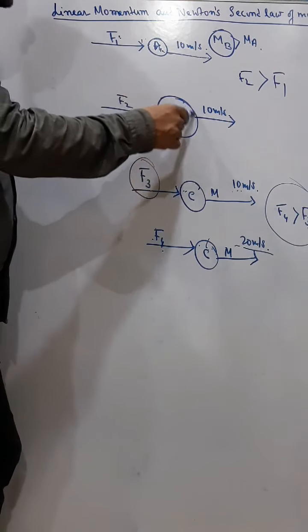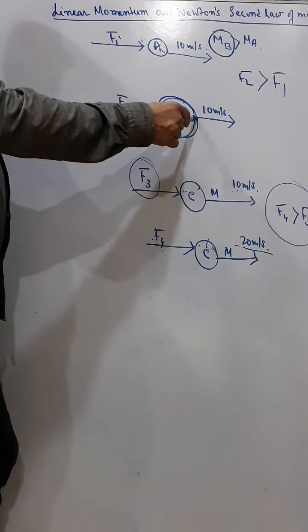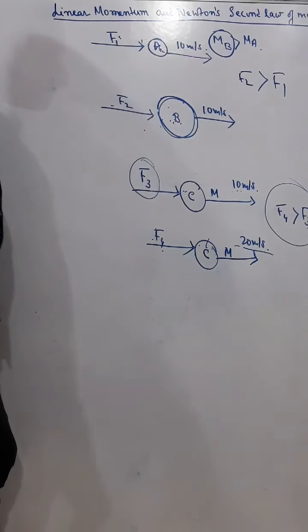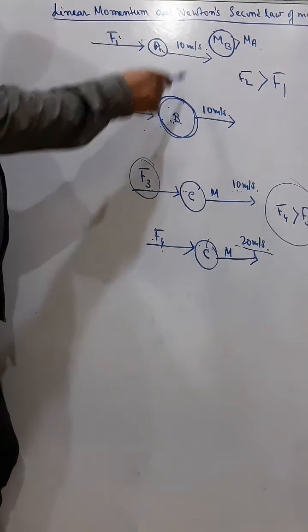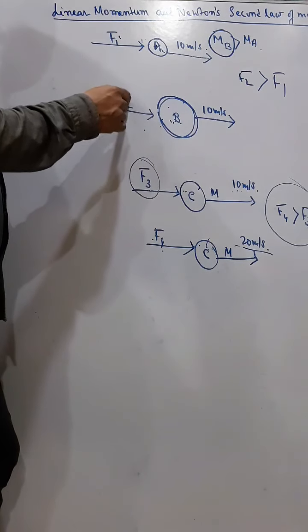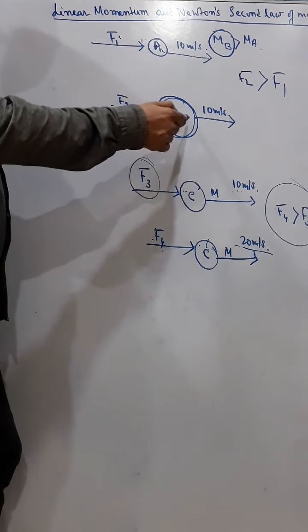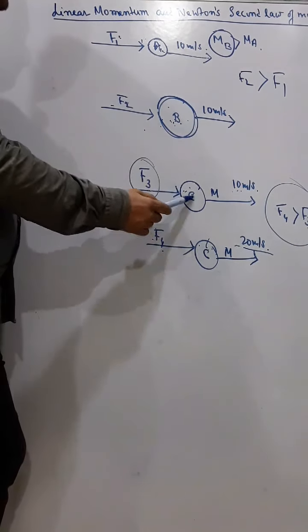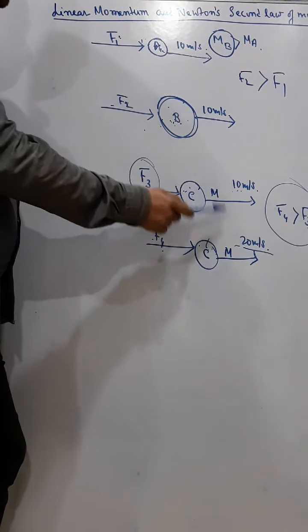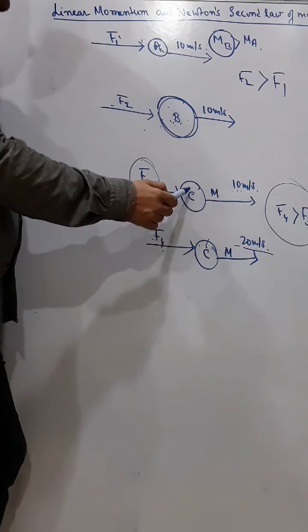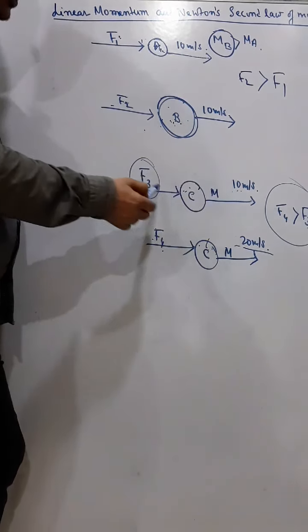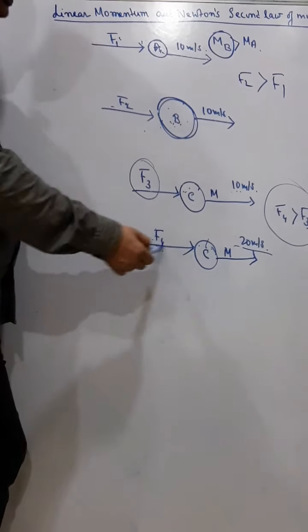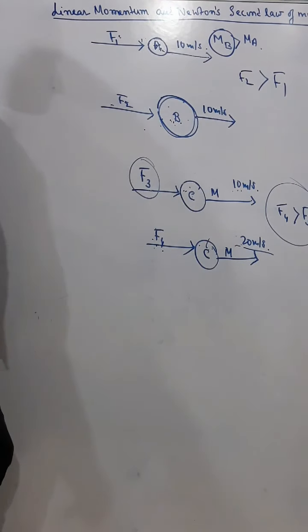The body having a greater mass requires more force, right? Masses are different but velocities are the same, so I require more force in case of B because the mass is greater. In this case, the masses of the bodies are the same, but they are moving with different velocities, so I require a greater force in the second case.